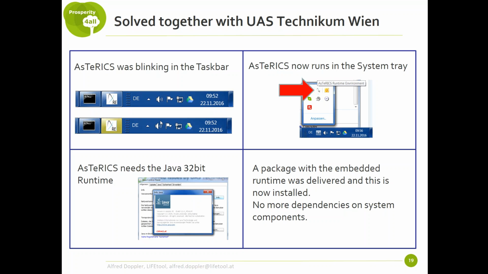And if you're familiar with Windows, you know that sometimes programs just blink because they want to tell you they're ready, all this kind of stuff. The solution they gave us was that AsTeRICS now runs in the system tray. So you have it now here beside the clock, and up there AsTeRICS is starting, and the user is never bothered with some blinking icon at the taskbar.